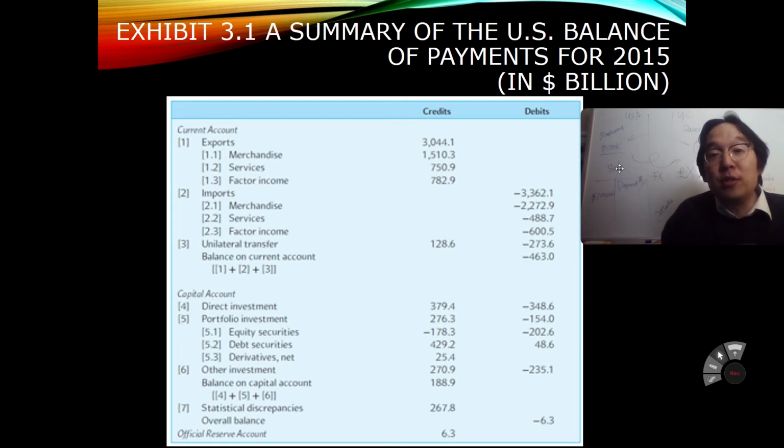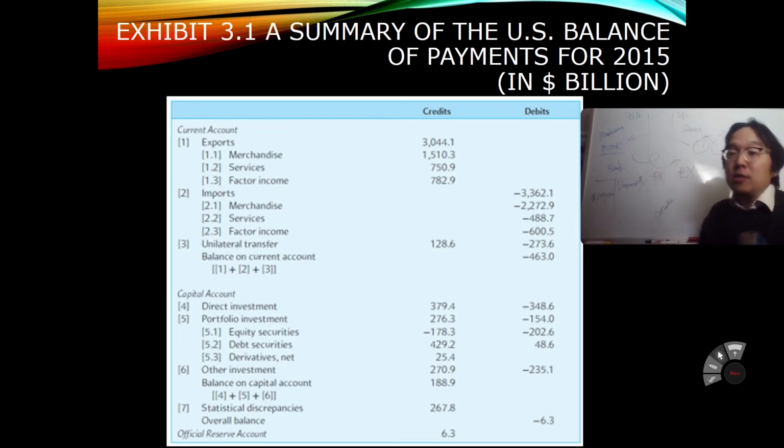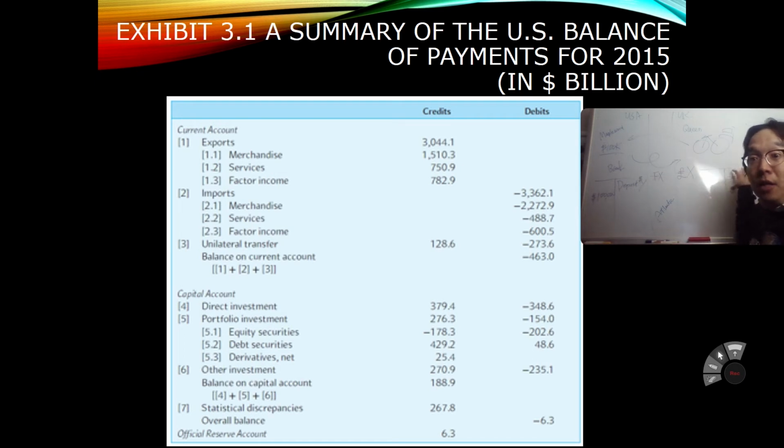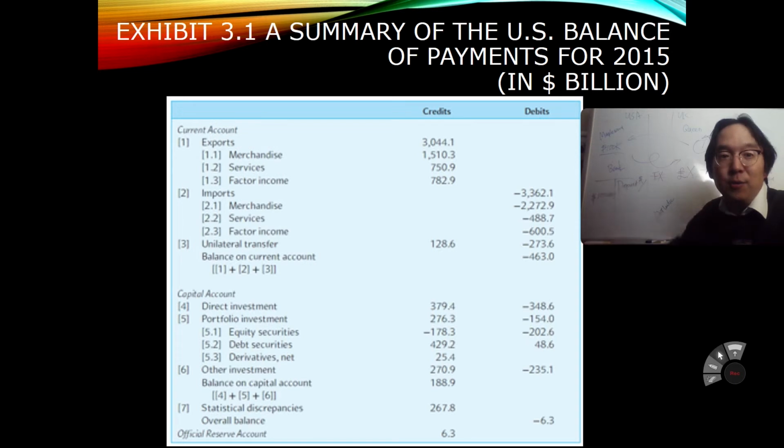So what you see in this table is that in the current account, what you exported comes into your credits, just like this UK Queen example: I want to export my bicycle, that comes into my credit. And then for the importers, that should be your debit, okay? So you see number 2, imports, those are showing up in debits.